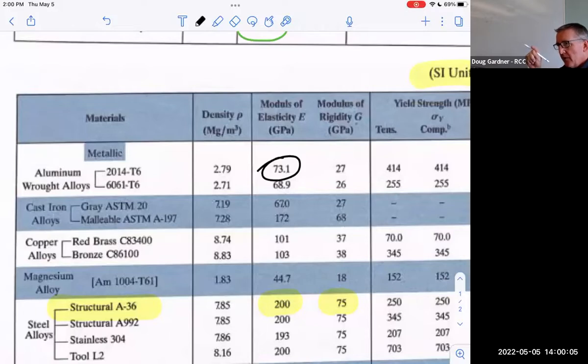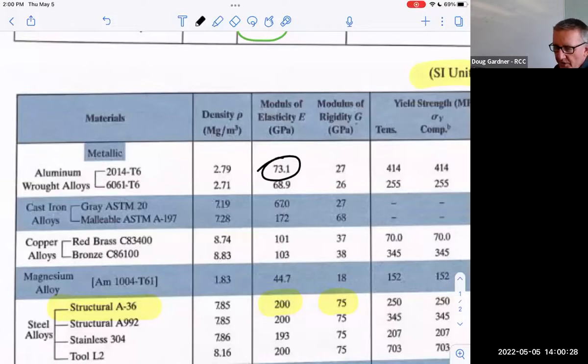PSI is pounds per square inch. Force divided by an area. How is force measured? Newtons. How's area measured? Meters. Newtons per square meter. So can we think of this as 73.1 times 10 to the third kilonewtons? Yes, that's exactly right. Or just switch it all to newtons.